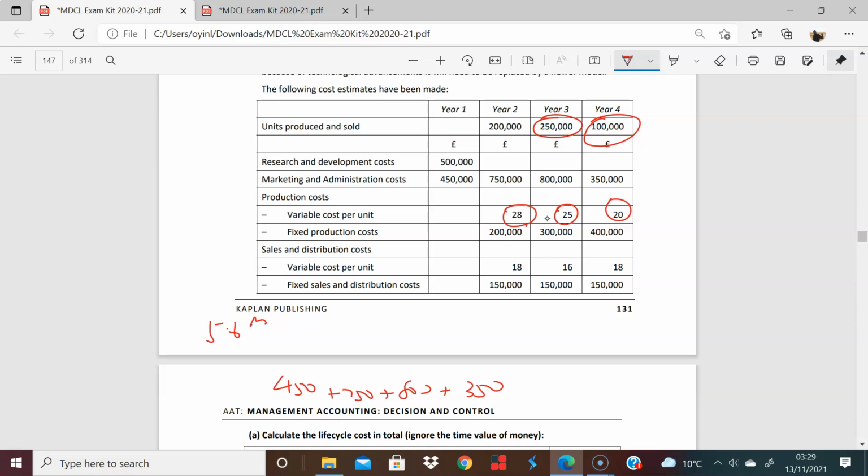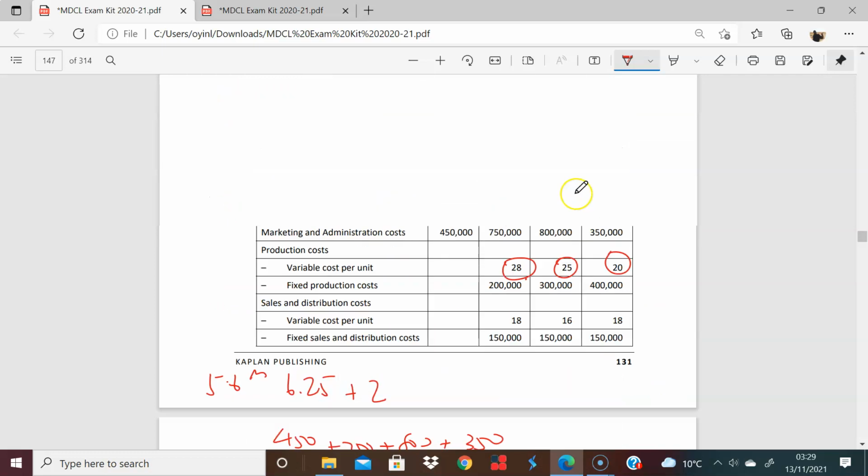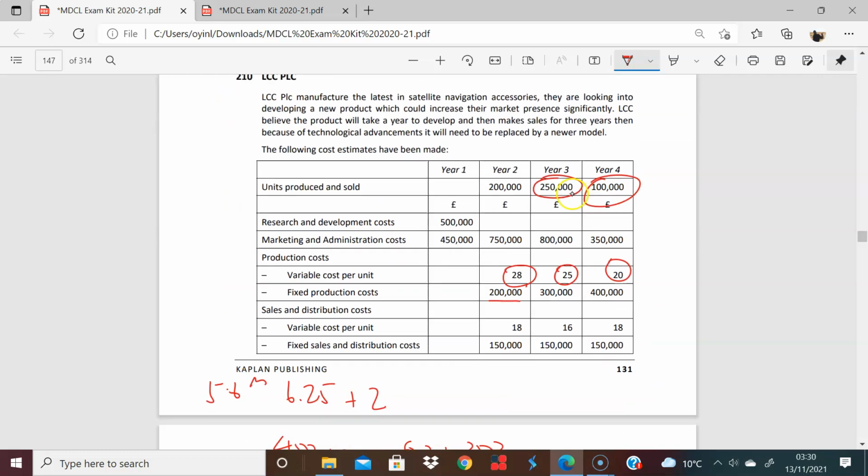That's 6.25 million, and then I have 20 times 100,000, and that's 2 million. So 5.6 plus 6.25 plus 2 is 13.85 million. So I have here 13.85 million.